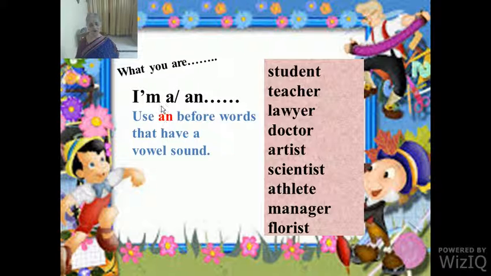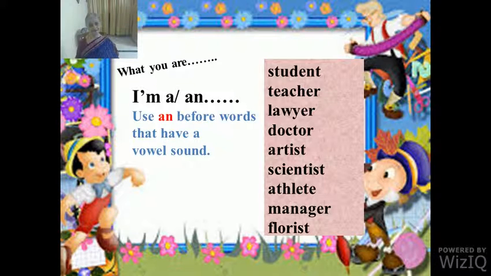We always use an before words that have a vowel sound. It is the sound that is important. It is not the vowel that is important. So you say, I'm an artist. But you will also say, I'm an honest man, where H is silent. So please remember this point of pronunciation.